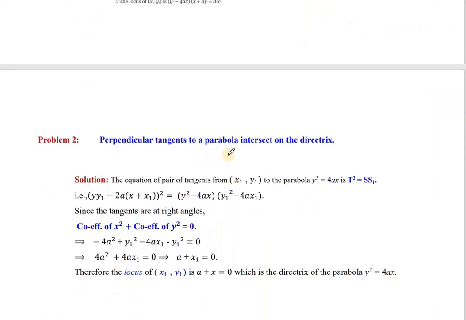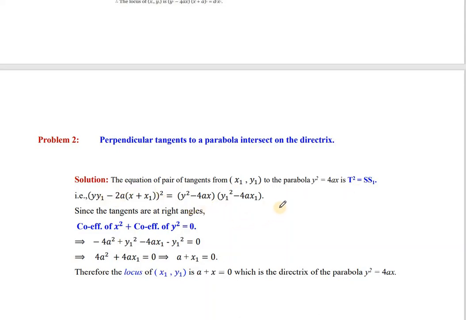Then perpendicular tangents to a parabola intersect on the directrix. So perpendicular tangents. So you need to have a pair of tangents. So when they are perpendicular, they will have to intersect only on the directrix. That's what we are trying to do. So you have the equation of pair of tangents being given by T square is equal to SS1.